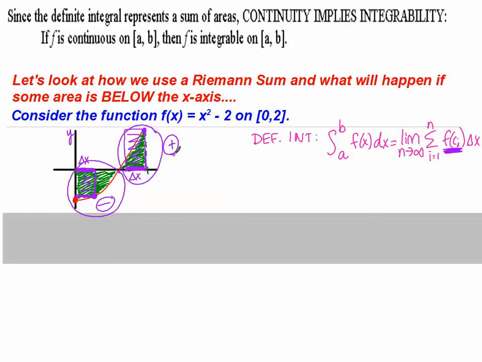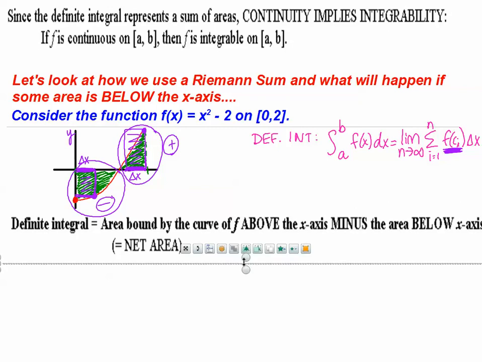So the way we describe the definite integral then is not by calling it a Riemann sum, not by calling it area, but by calling it the net area. The definite integral is the area bound by the curve of the function that's above the x-axis minus the area below the x-axis.